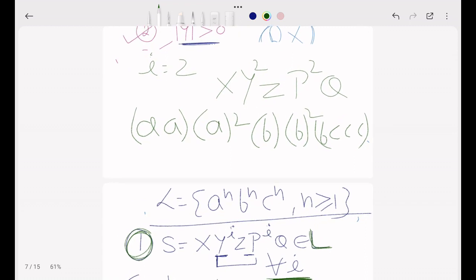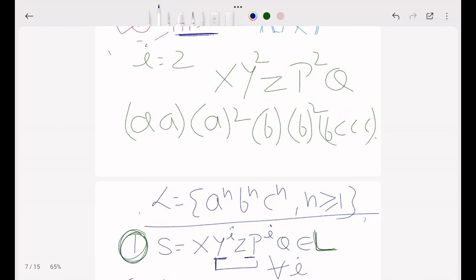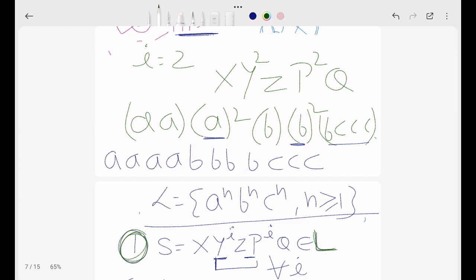Now see here. If i square, then I am getting a because of a square, and b because of b square, and this bccc. Now see here, total number of a are 4, total number of b are 4, okay. a is 4, b is 4, but c is 3.